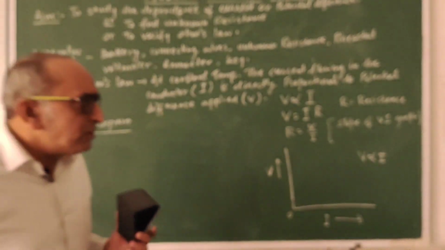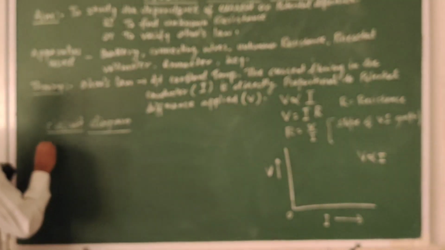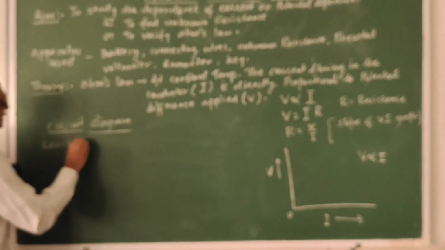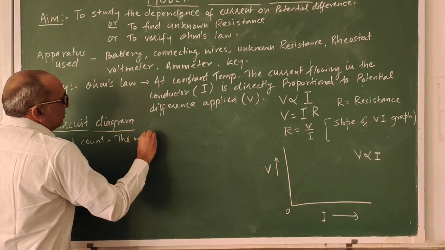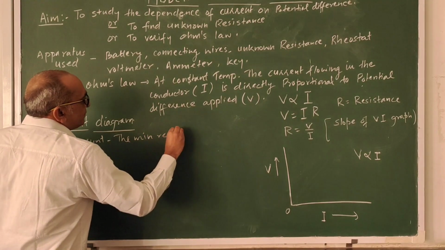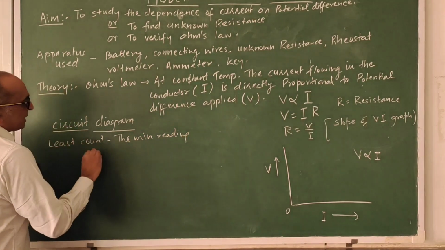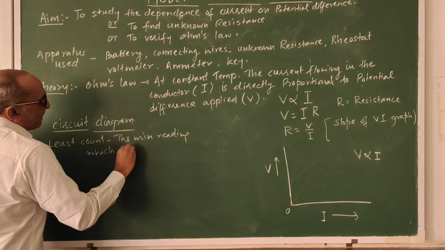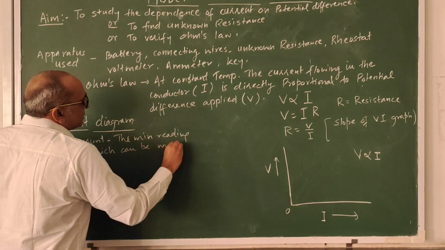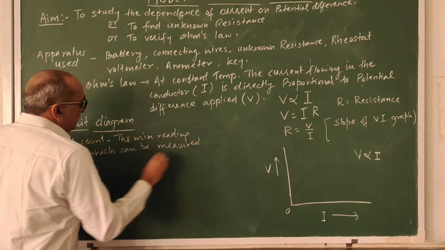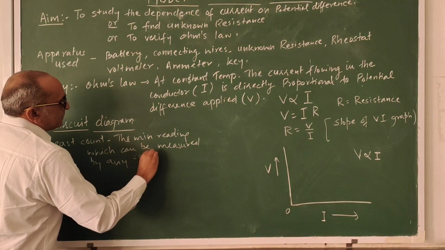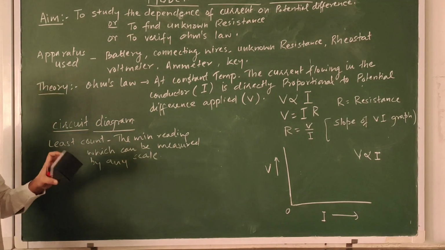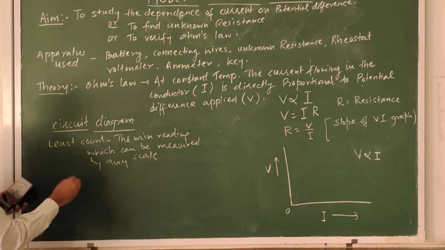I am writing on the board. Least count: the minimum reading which can be measured by any scale. Here we were talking about this voltmeter.